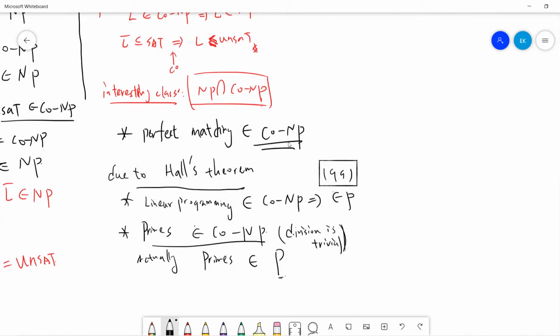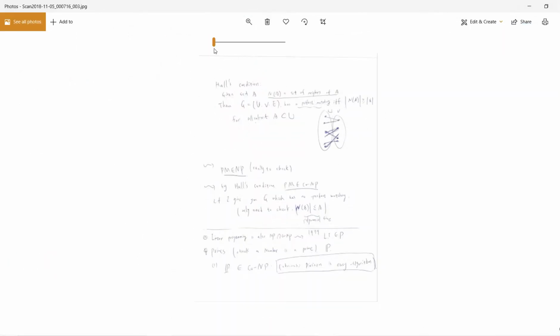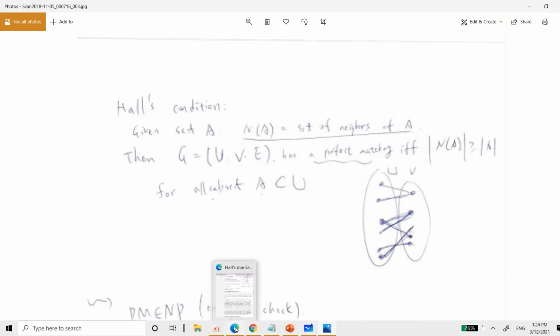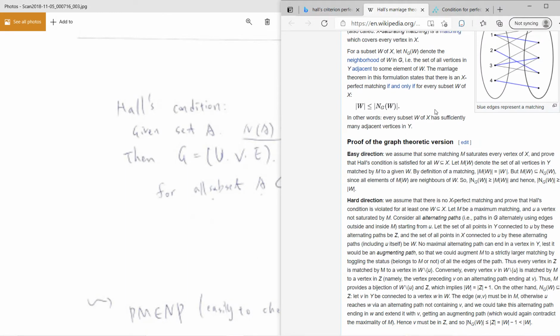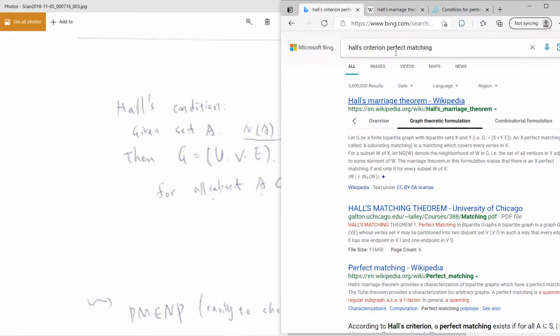The first one is perfect matching. Perfect matching in a bipartite graph is in NP intersection coNP.